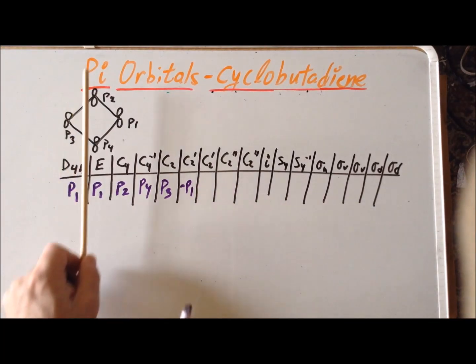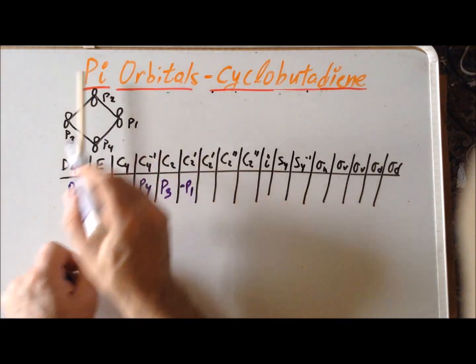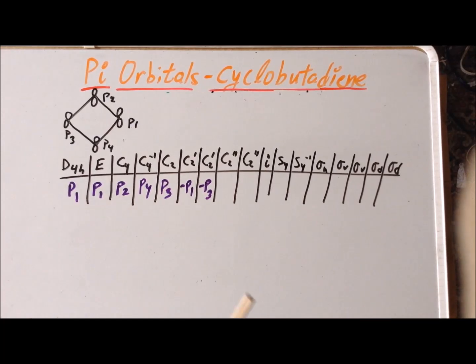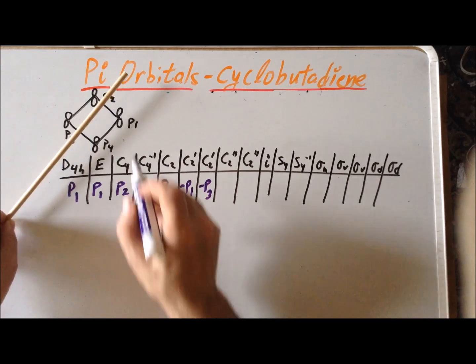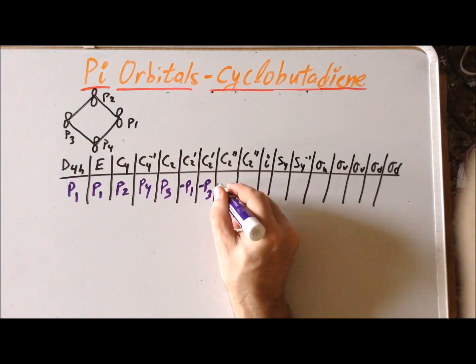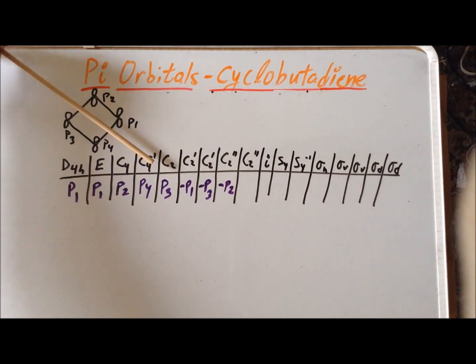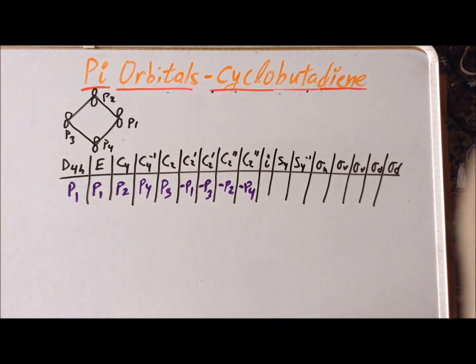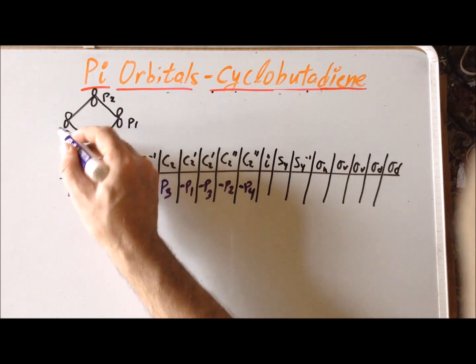The other C2 prime is along this axis, so it takes P1 to -P3. The C2 double prime is along this type of axis, so it takes P1 to -P2. Along this axis, it takes P1 to -P4. Recall that since they're p orbitals, when we flip them over, we change phase. Inversion takes P1 to -P3.